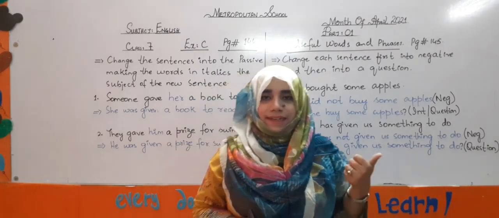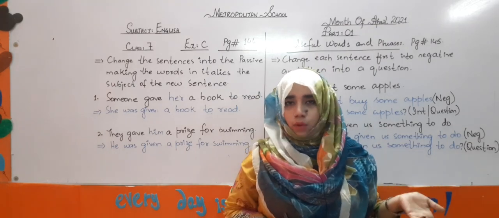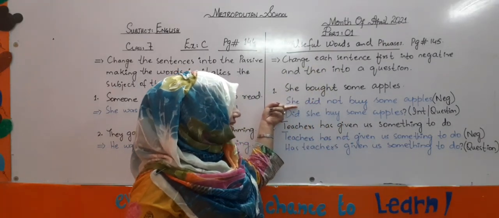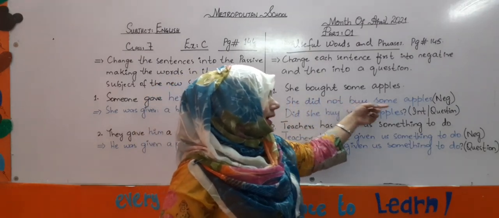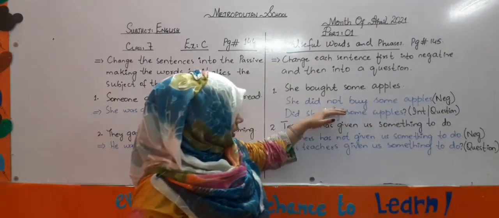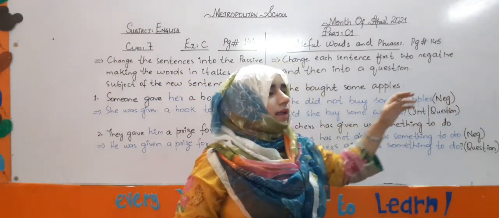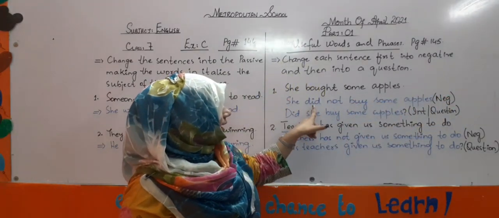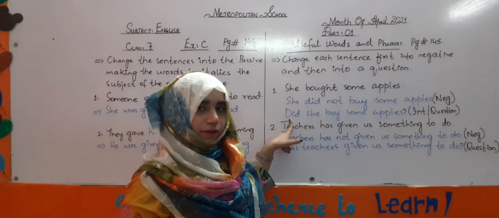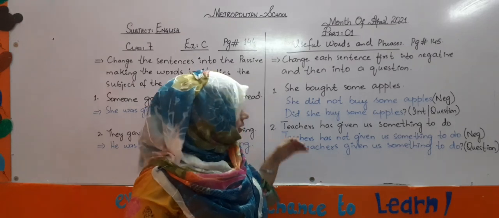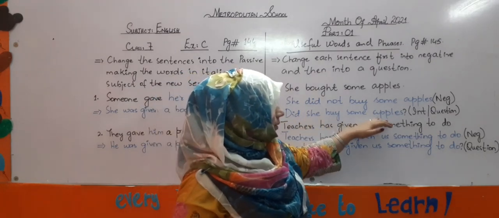We use "did" while making negative and question sentences, right? So the sentence should be: She did not buy some apples. Because I am using "not" over here, that's why it's the negative one. For the other one, we place "did" at the first place, starting the sentence with "did," because we have to make the question. Did she buy some apples?